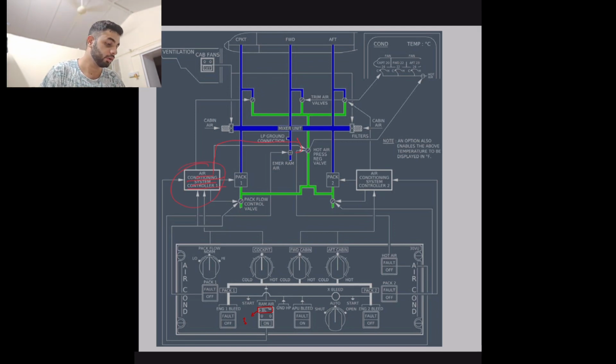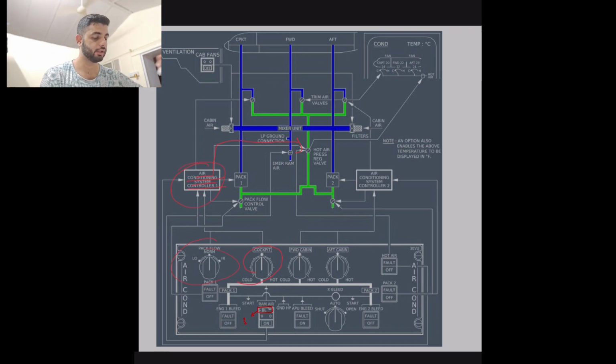It's giving them through your overhead panel, whatever you are asking from it: what temperature you want, how much flow of air you want on this pack, whether you want it off. All that information it's getting, and it finds out whether ram air is open or not.